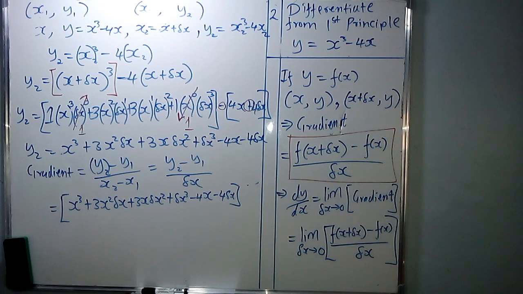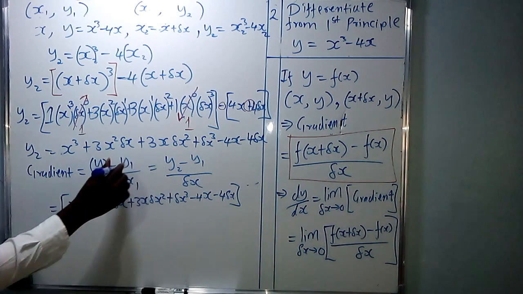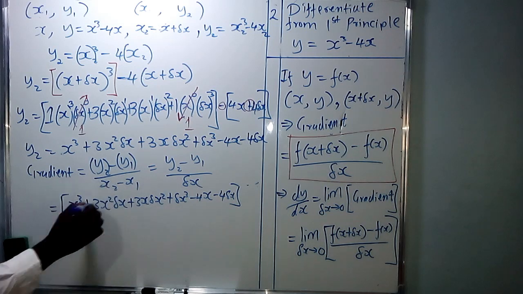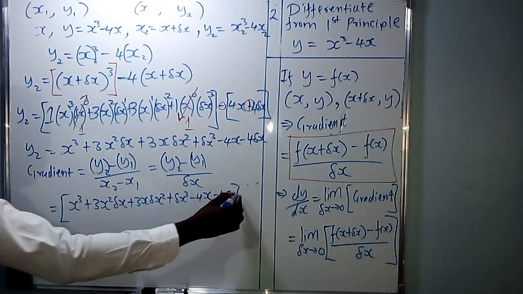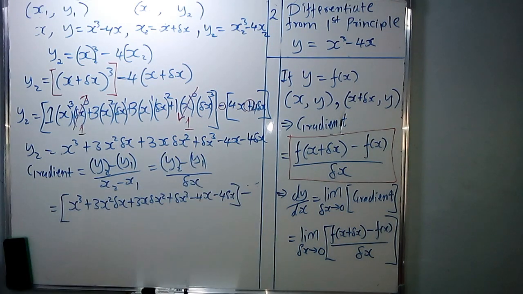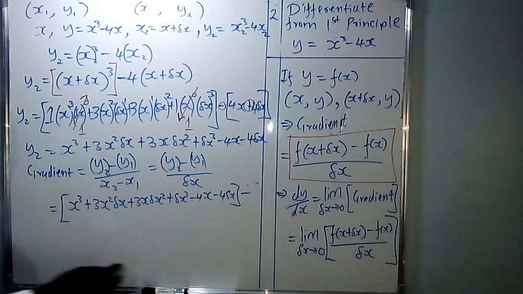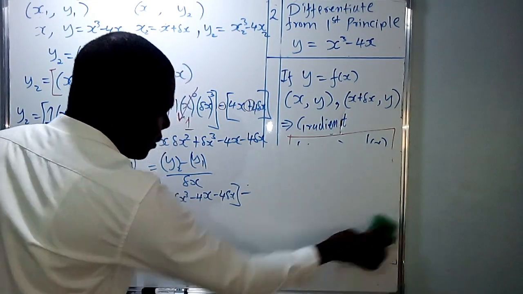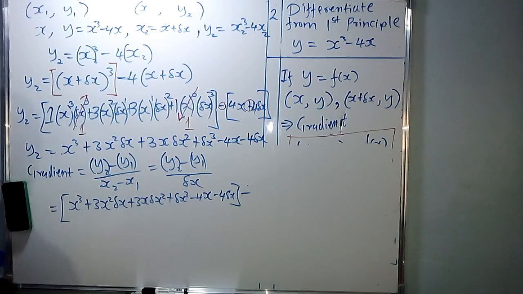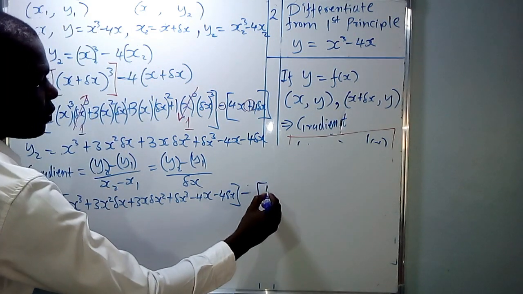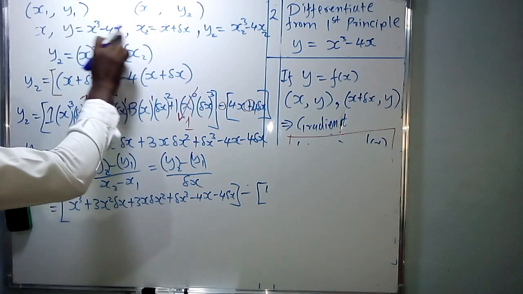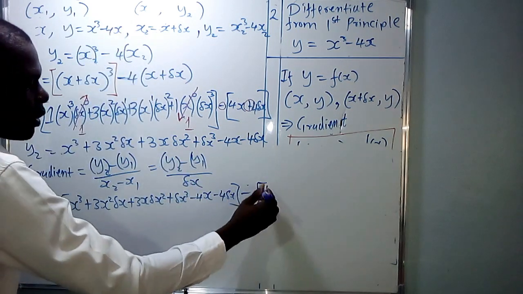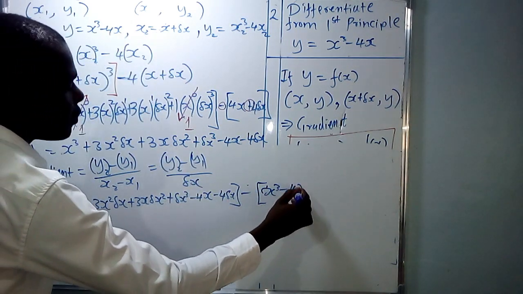You bracket the whole of it to imply the whole of it is y2. Then it is minus, bracket the whole of y1. What is y1? x cubed minus 4x. Good. Then the whole of that is over change in x.